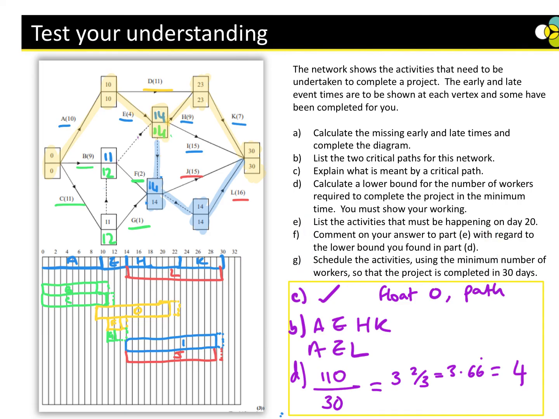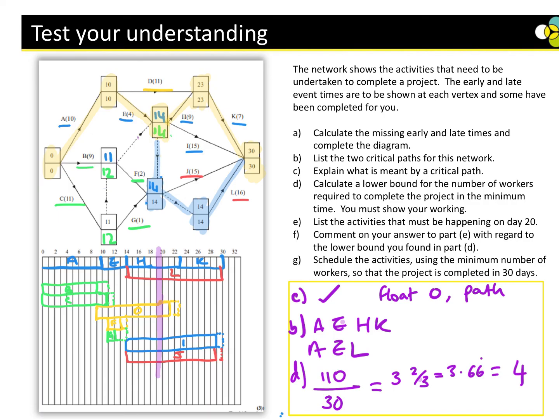Now remember, day 20, okay, is in fact in between day 19, is in between the numbers 19 and 20. Okay, so we can see here that the activities that definitely have to be happening.